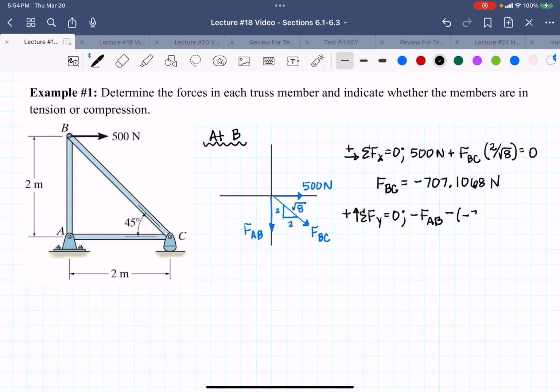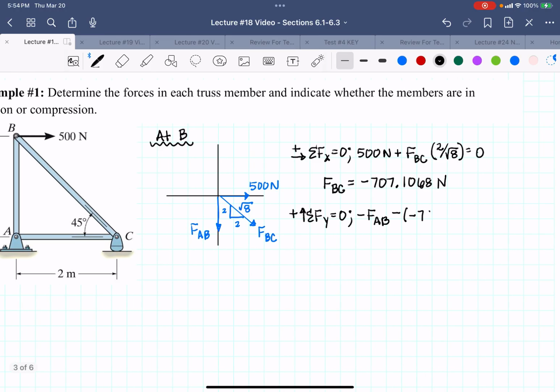I'm going to say it's negative 707.1068 times its similar triangle, which is 2 over the square root of 8 equals 0. So that is actually going to turn into a positive number, which means we assumed correctly for FAB, and it is going to be in tension. So FAB equals 500 newtons.